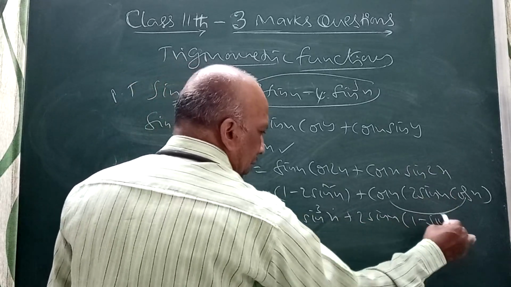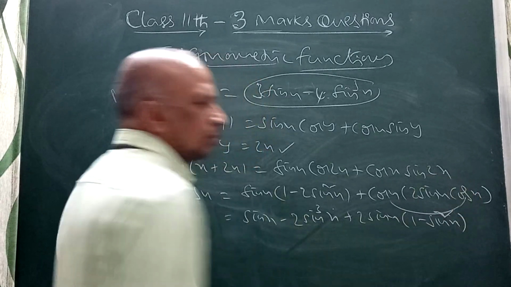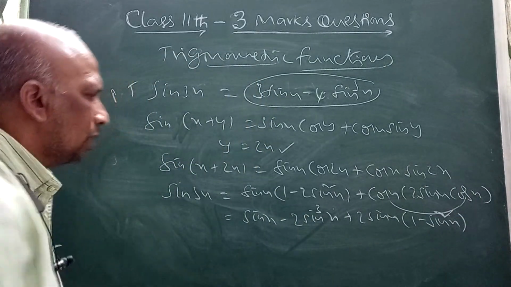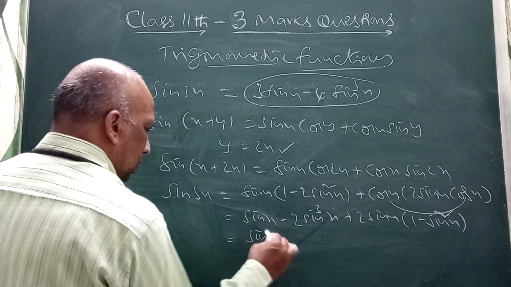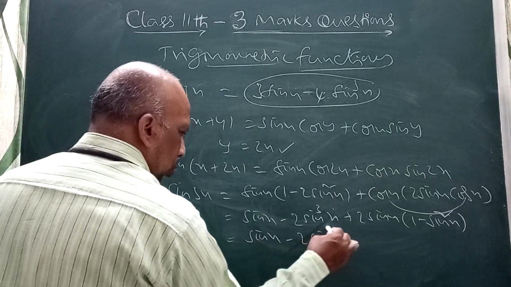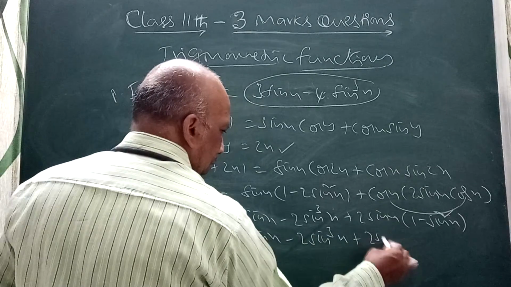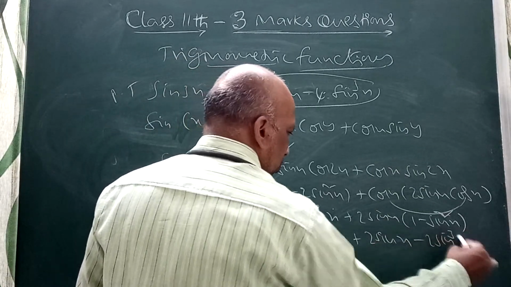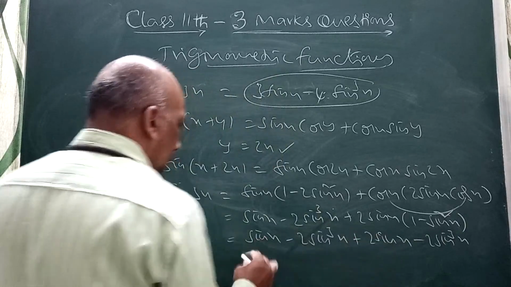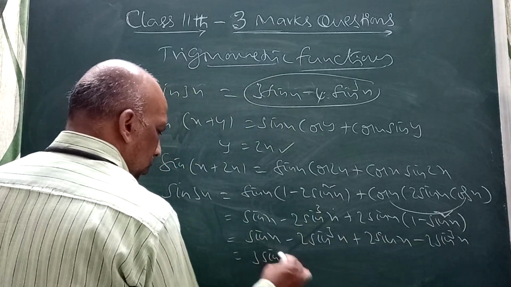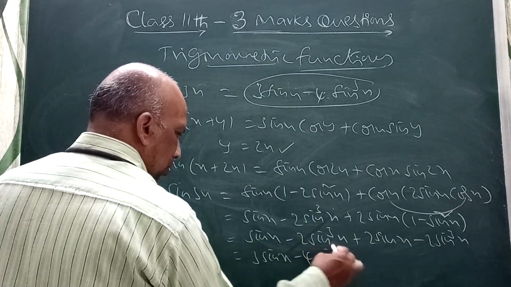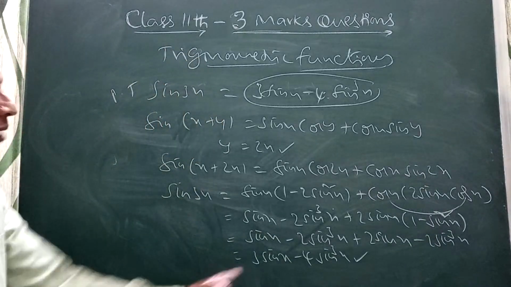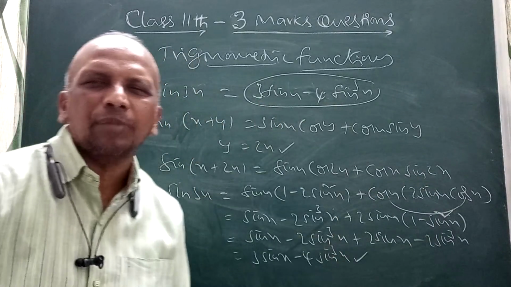Replace it with 1 minus sin square x. Then multiply: sin x minus 2 sin cube x plus 2 sin x minus 2 sin cube x. Check that here: 3 sin x minus 4 sin cube x. That's the required one.